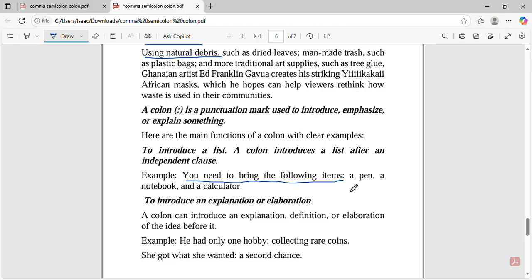One thing you can also take note of is the fact that the list you're introducing after your main clause must be hinted on in the clause itself. For instance, I may say something like this: I have three favorite colors. Then I will put my colon: green, blue, and brown.